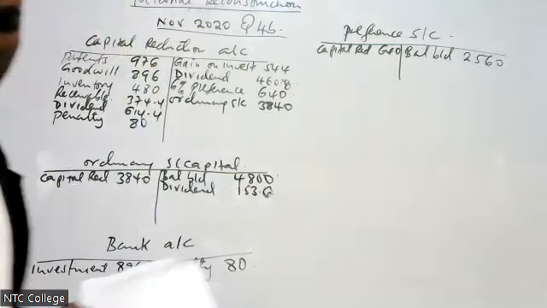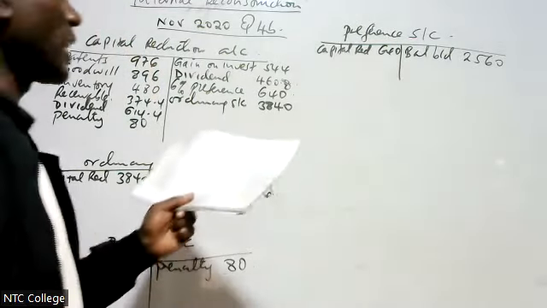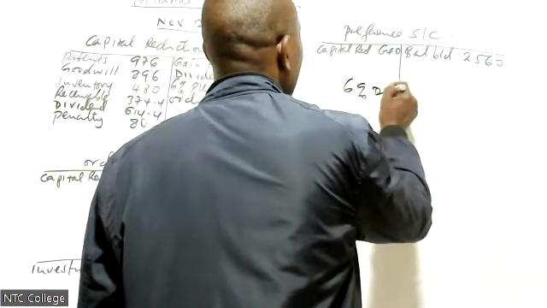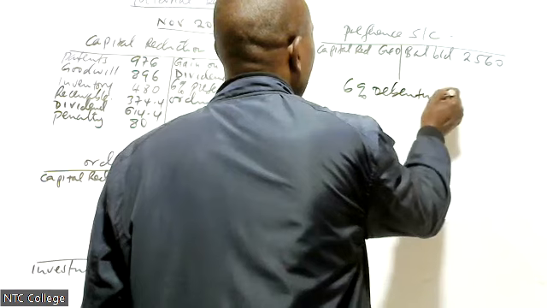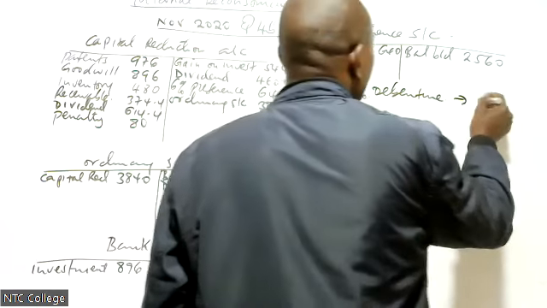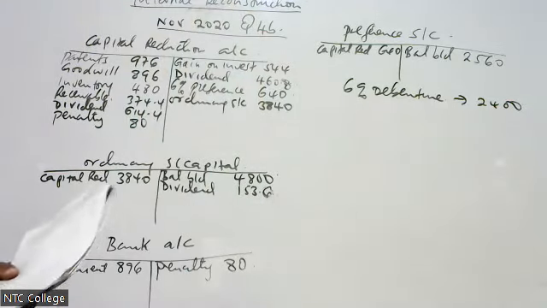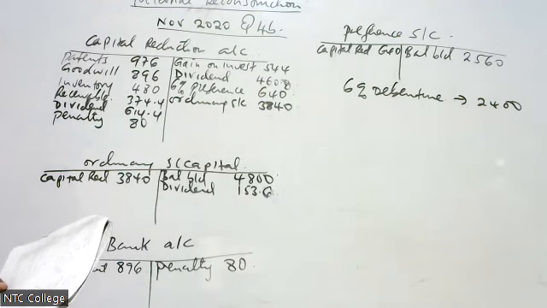Now, when you check in the balance sheet, the 6% debenture has 2,400. That is the 6% debenture.